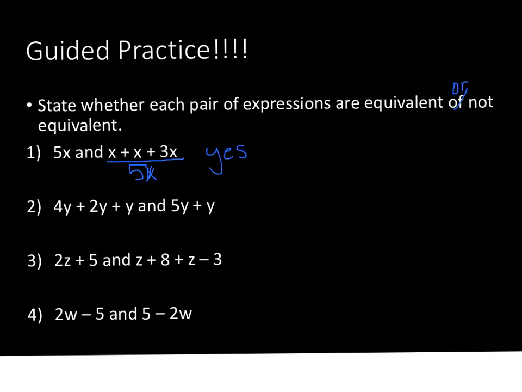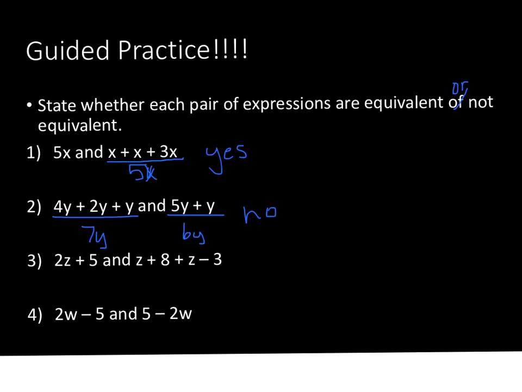Number 2 has 4y plus 2y plus y and 5y plus y. Well, if I simplify that, I have 4y plus 2y, which is 6y, and 6y plus another y is 7y. And then here I have 5y plus y, which is 6y. So no, they are not equivalent.